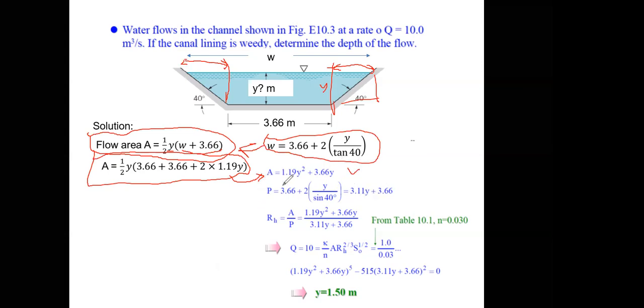The perimeter itself is still the same as the previous one, except we don't know y, so it's going to have y over here. So the hydraulic radius, A over P, equal to this, A divided by P. Oh yeah, the same slope. This has the same slope, so the slope remains the same, S0 remains the same.